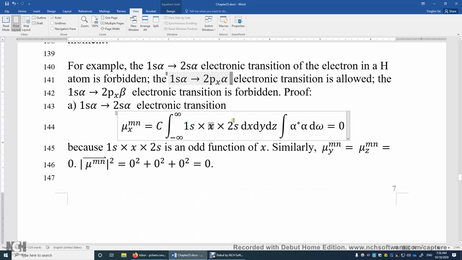Mu sub x is the partial charge multiplied by this distance between the 2 partial charges in a molecule. In the hydrogen atom, it's easier. This x is simply the distance between the electron and the nucleus in the x direction.